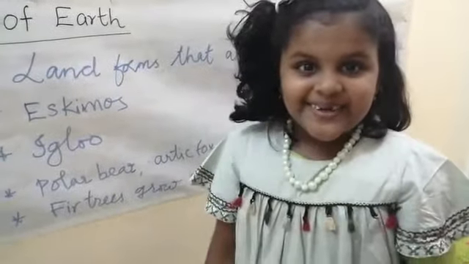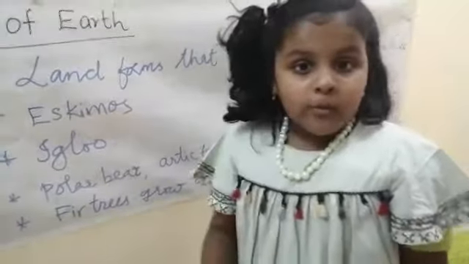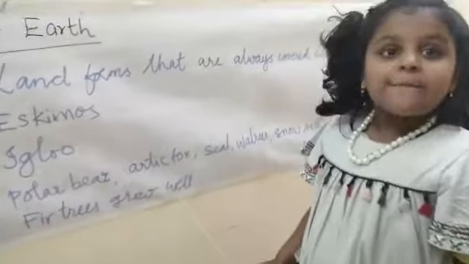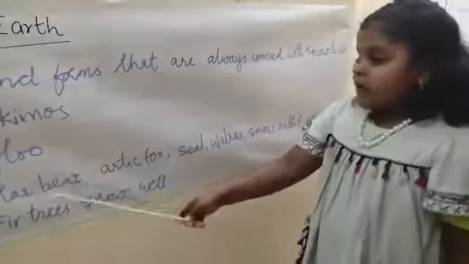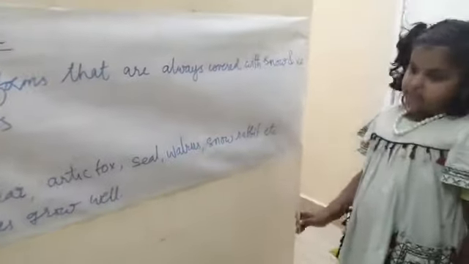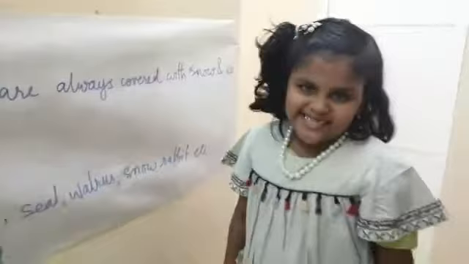This house is called igloo. The most common animals seen in polar regions are polar bear, Arctic fox, seal, walrus, snow rabbit, etc. Trees like fir trees grow well in polar regions.